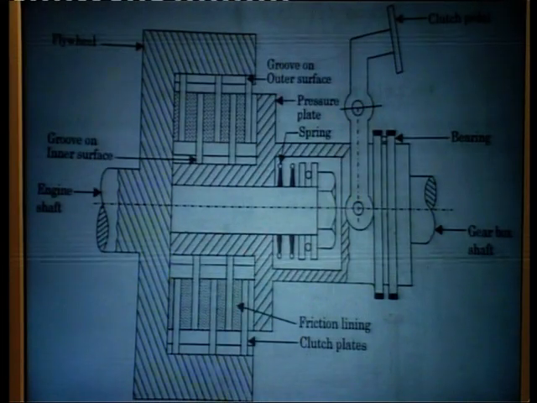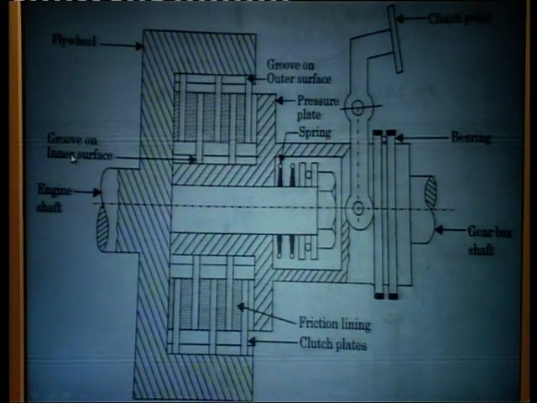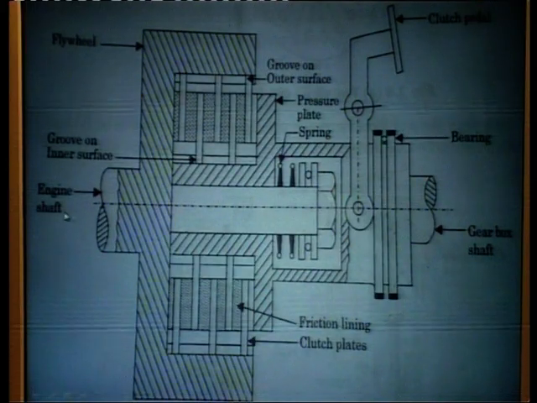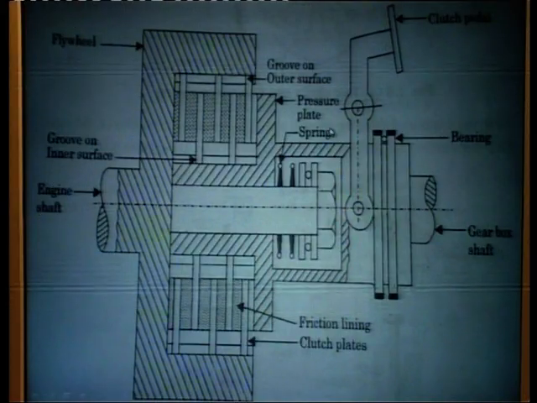This is the multiplate clutch system. This is the flywheel. These are grooves on the inner surfaces. These are the friction lining materials. This is the engine shaft. This is the pressure plate.